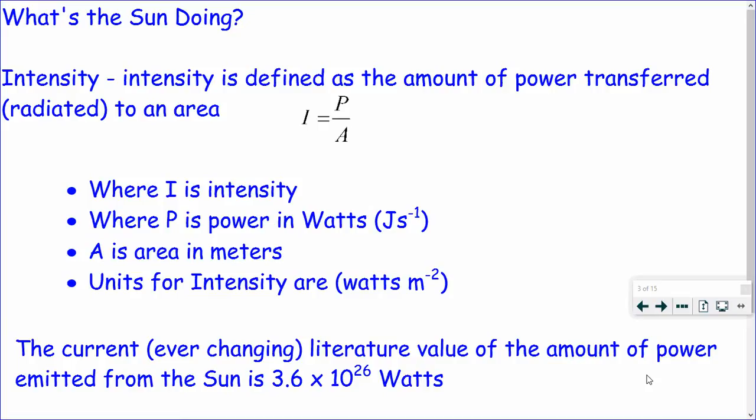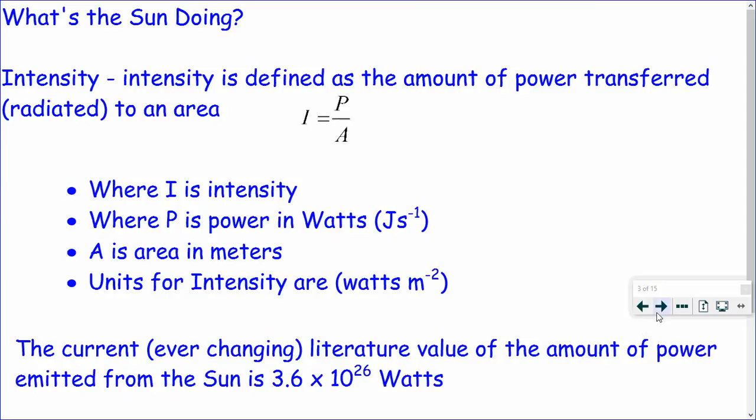And so remember, power is joules per second. Area is going to be in meters squared. And that means that the units for intensity turn into watts per meter squared. We actually have a literature value to describe the power emitted from the sun, and that literature value is 3.6 times 10 to the 26 watts, or 3.6 times 10 to the 26 joules per second.